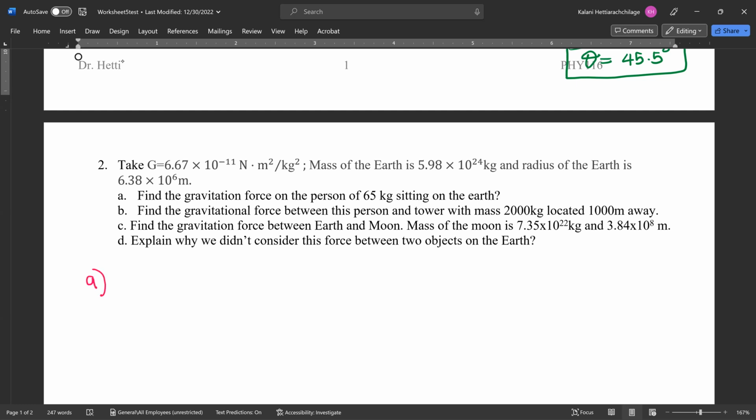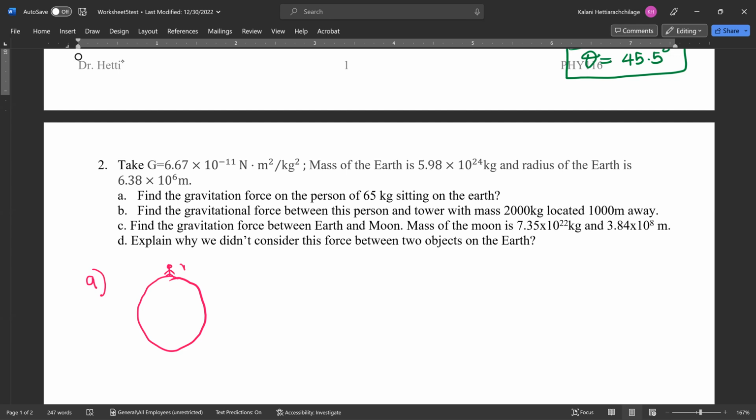So part A, you have the G value given and mass of the earth is given and radius of the earth is given. And find the gravitational force on the person of 65 sitting on the earth. So now we cannot compare the size of the man to the earth because earth is a big object, right?